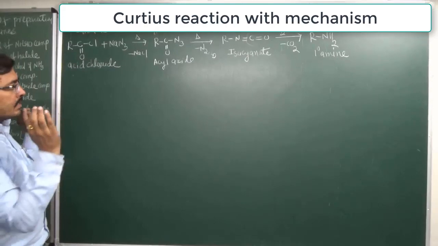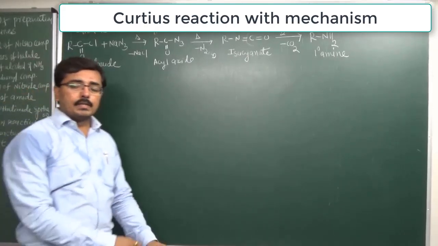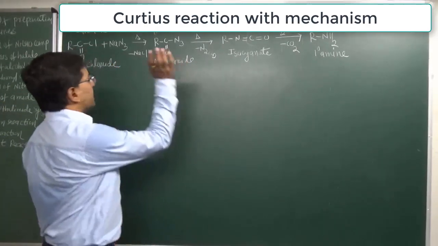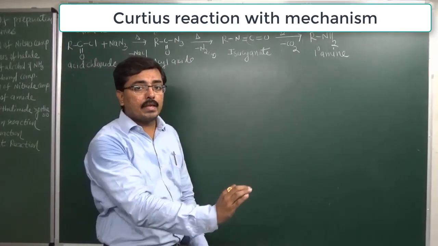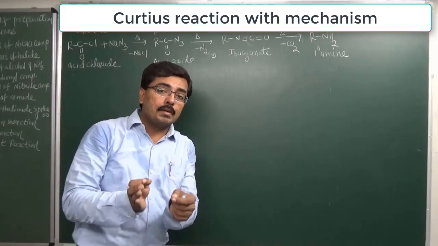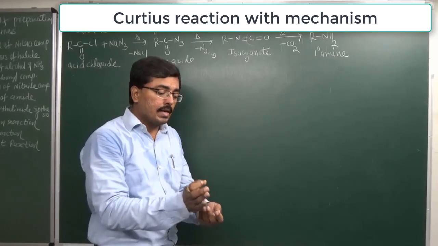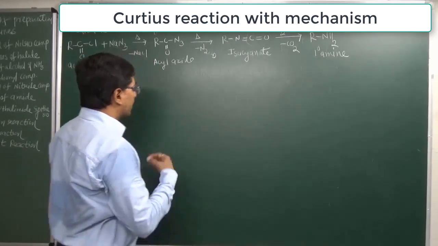So the basic concept you have to put in your mind is that acyl chloride or acyl azide is converted into a primary amine, which has one carbon atom less as compared to the acid chloride. So we can write these things.